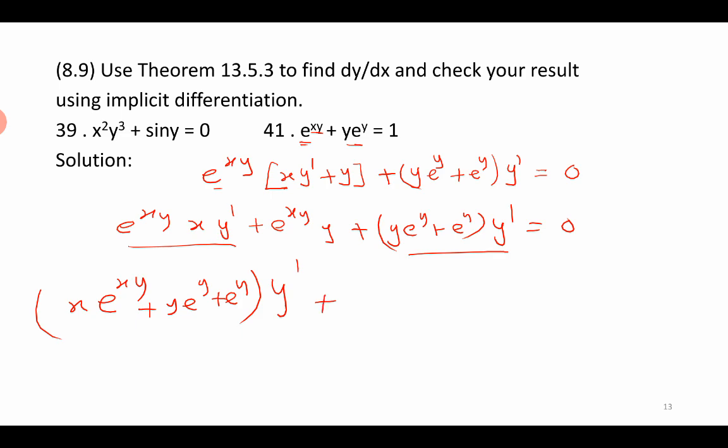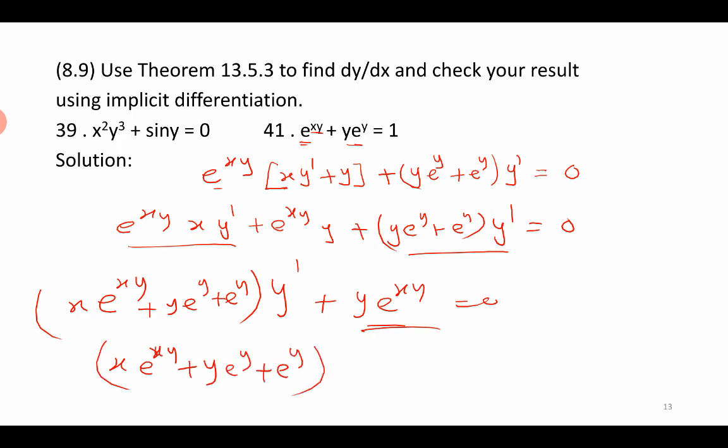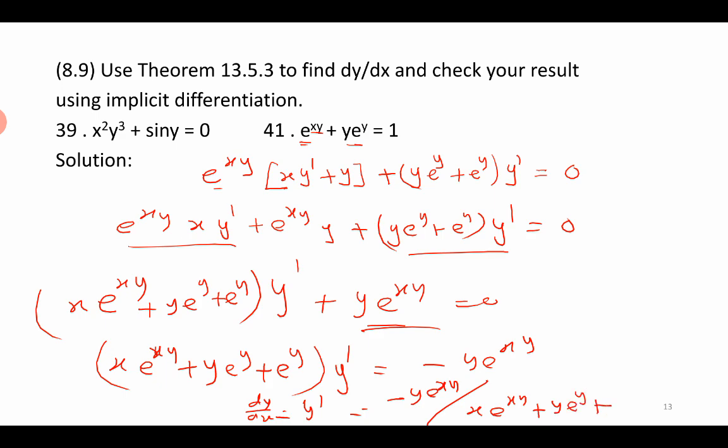Another term remaining is y times e raised to xy is 0. Now take this term to the right side, so x times e power xy, y times e raised to y, e raised to y, y prime is equal to negative y e raised to xy. Now y prime, this is dy/dx. dy/dx is y prime, which is negative y e power xy over x times e power xy, y times e power y plus e power y.